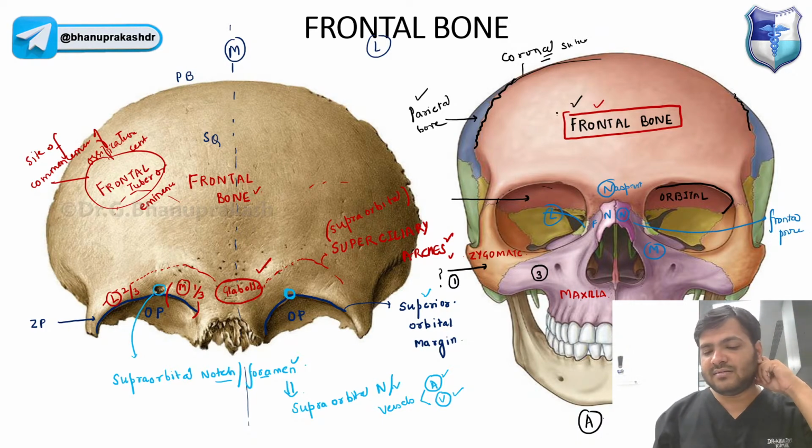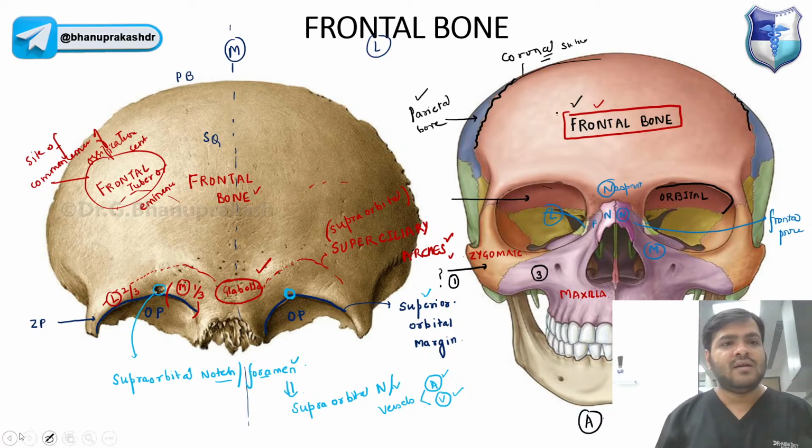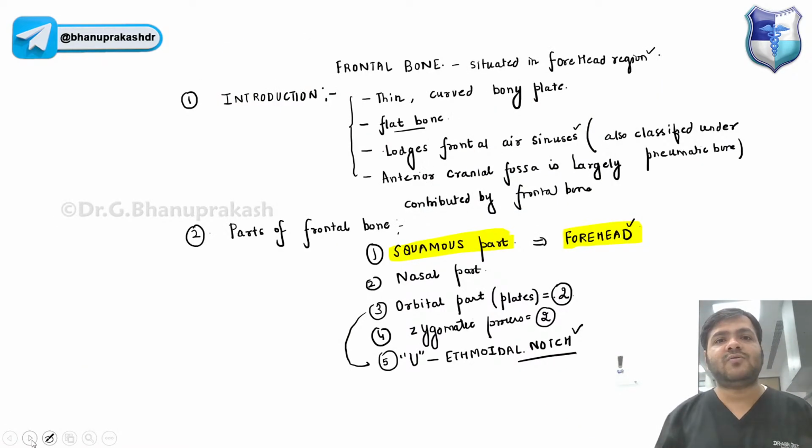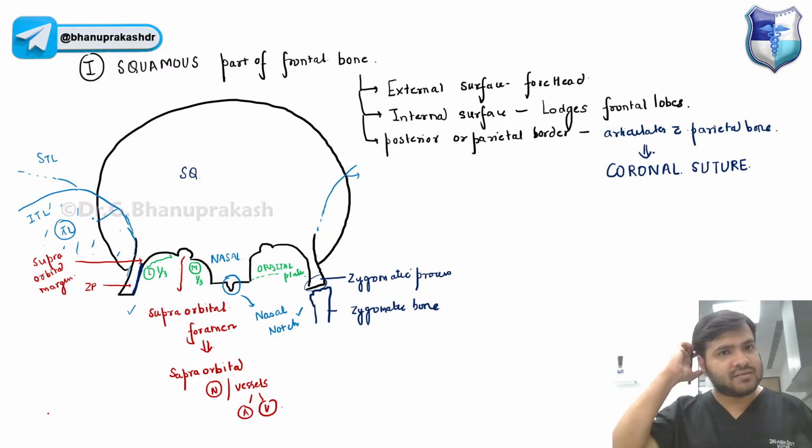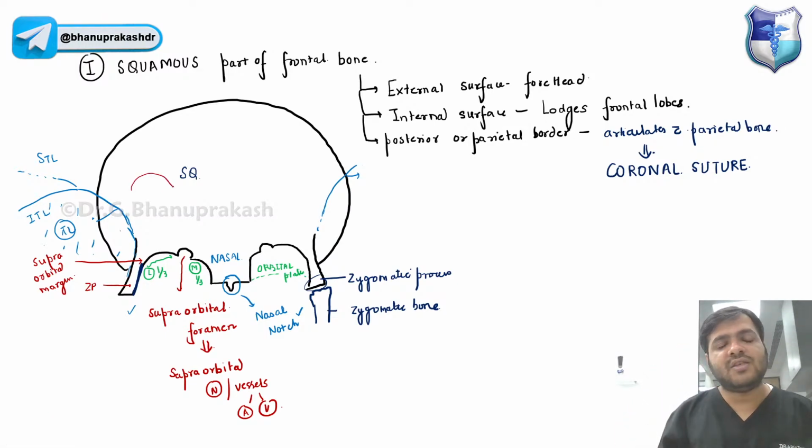Okay, so I hope this is clear. The squamous part is clear to everyone. I hope the squamous part is clear to everyone, guys. So you can just mention, guys, if you just want to draw, we have the frontal tuber or prominence, right?